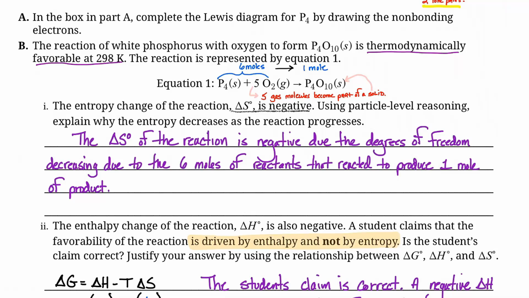But in any case, why is it negative? I would like you to actually come up with that yourself and justify, but they're telling you it's negative, and then they want you, very important, to use particle level reasoning. And the reason that's important is because some people, like myself, love to teach what entropy is all about. As people go over this and think about entropy as just disorder, they're really missing out on what entropy is.